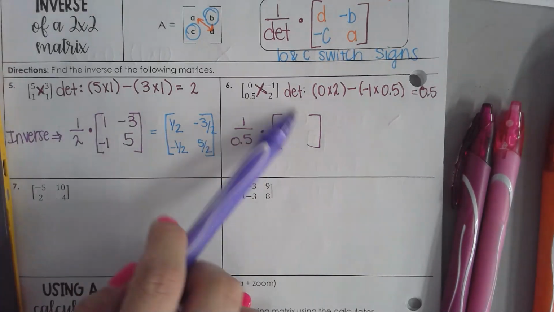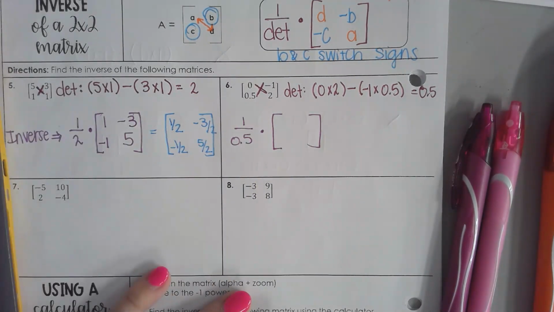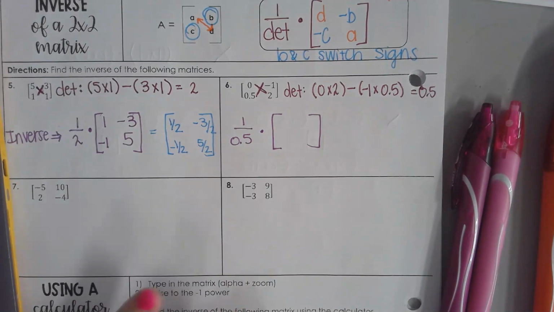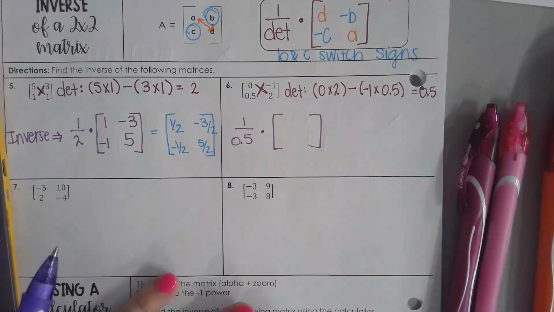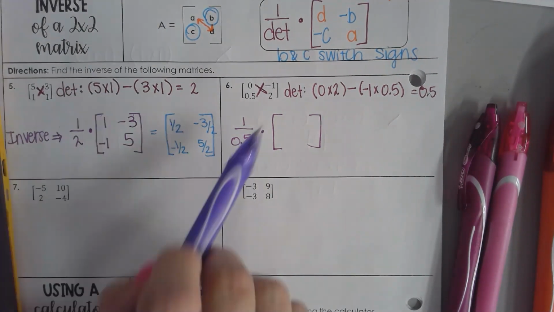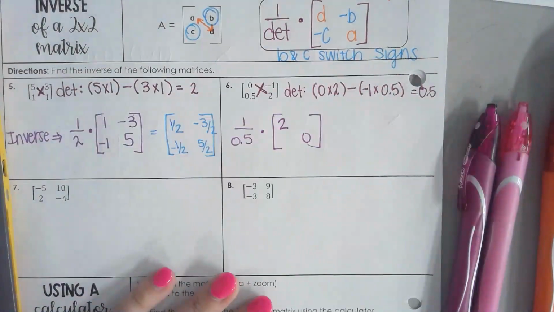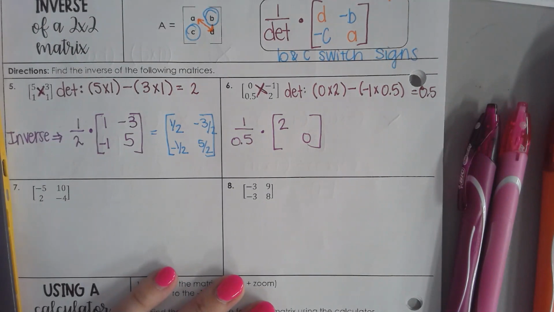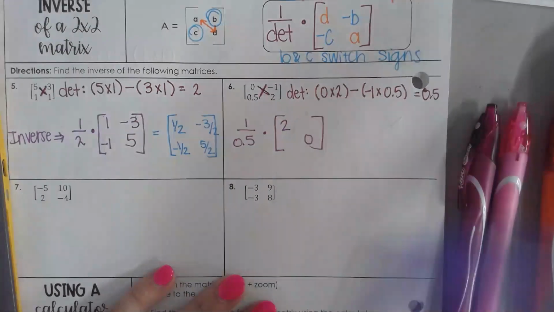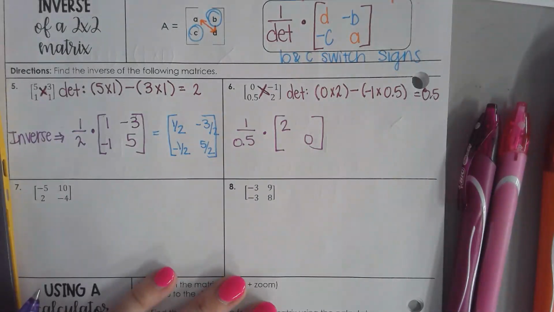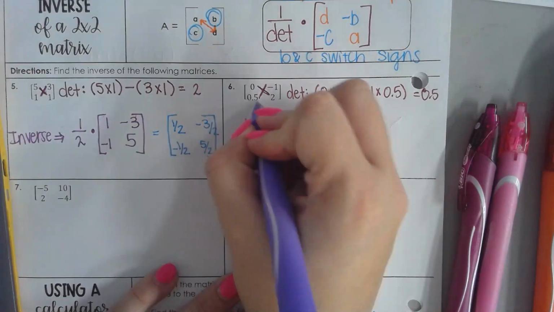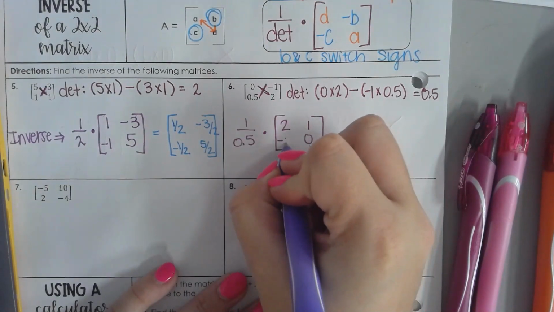And now in the matrix that I'm going to multiply by, 2 numbers need to switch places. What are those 2 numbers? The 2 and the 0. So 2 comes up here, 0 goes down there. 2 numbers need to switch signs. Yep, the -1 becomes a +1, and the 0.5 becomes a -0.5.